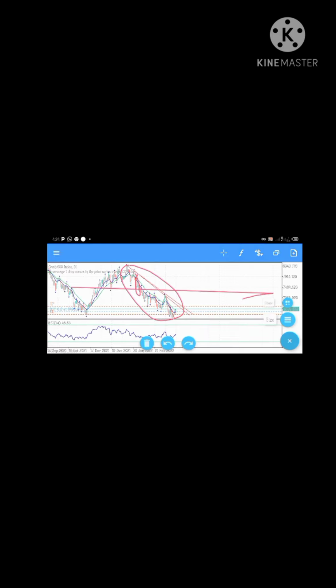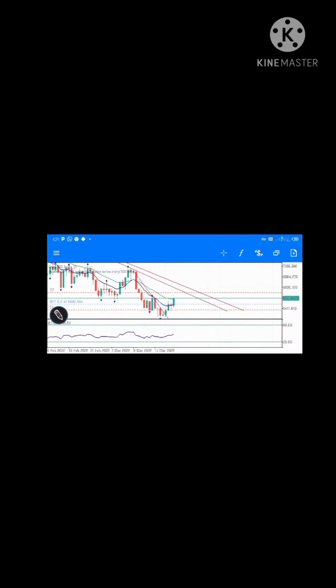Here, this upward movement is a retracement movement. If you go to the 4 hour time frame, this movement is in the form of an uptrend, and the same here is in the form of a downtrend.